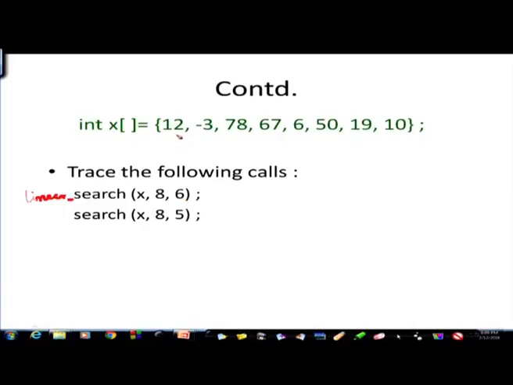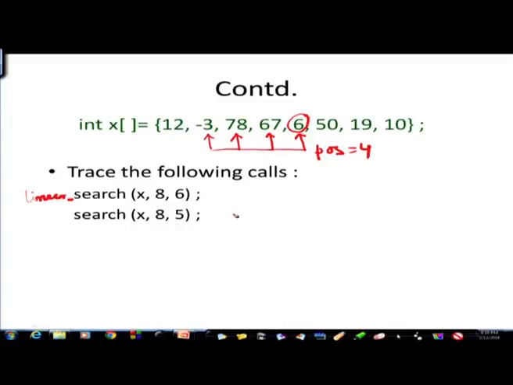So, I will start from here 12, no, minus 3, no, my key is 6, right. I increment pos from here to here, no, it is not matching, A of pos is not the key, here A of pos is the key. So, I come out with 0, 1, 2, 3, 4, pos value is 4 here.